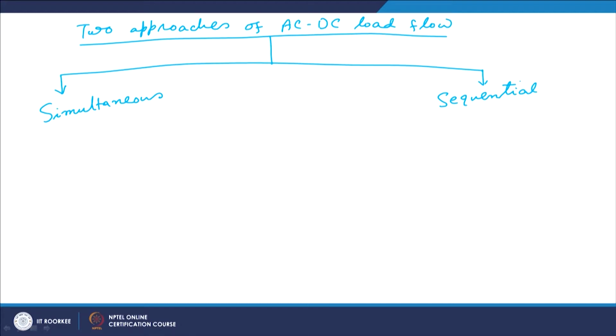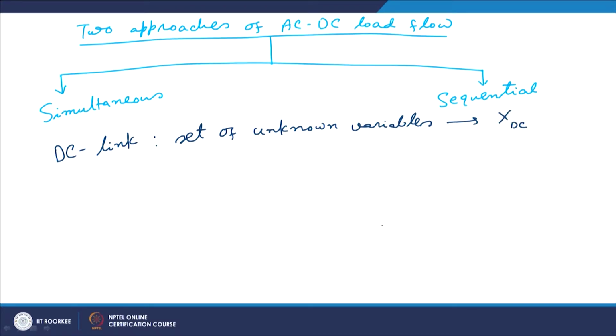Before going into any detail of our load flow solution, here we would be trying to understand it from a relatively philosophical point of view. Say our DC link has got some set of unknown variables, denoted as x DC.